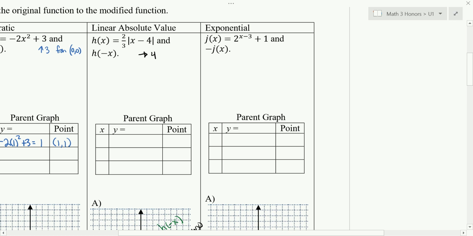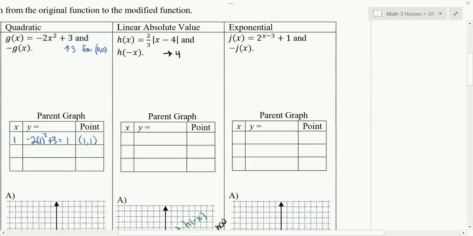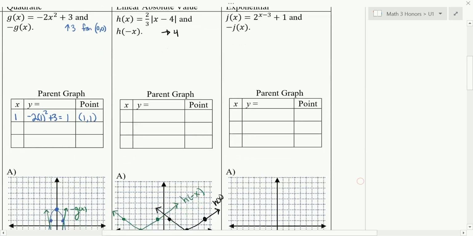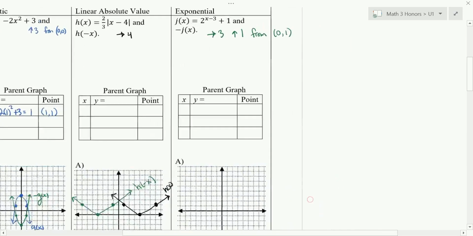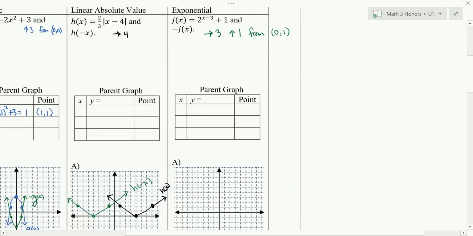Right 3 and up 1. So right 3. Up 1. Okay. From 0, 1. So from 0, 1, it's right 3, up 1. Then you plug in the x.